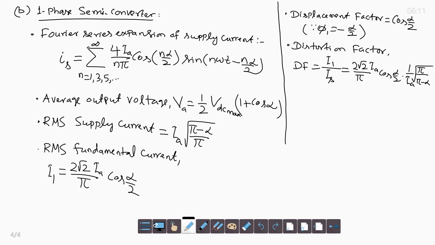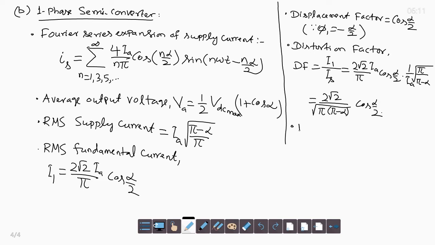So you can find out the distortion factor. It is 2 into root 2 divided by pi into root over of pi minus alpha into cos alpha by 2.